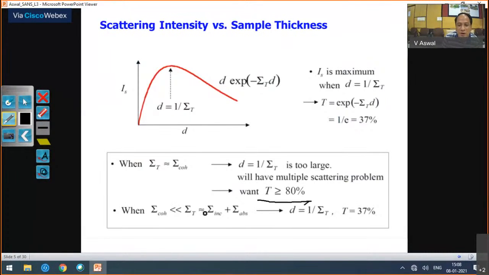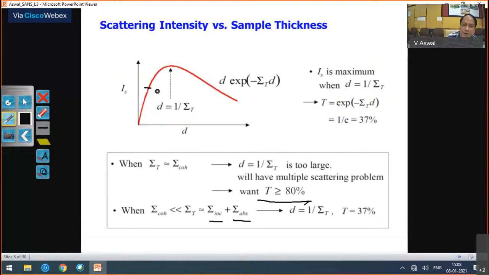And then if you have, let's say, hydrogenous material, or some component which strongly absorbs neutrons, in that case you can go to the thickness where your transmission is 37%, because if you go below this transmission, taking a thicker sample, then you don't gain, because your intensity will be low.